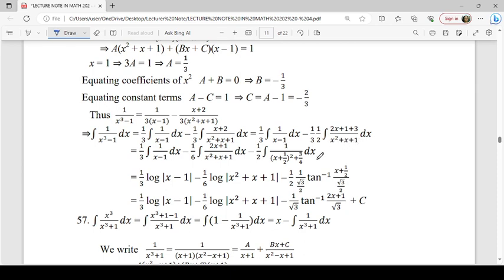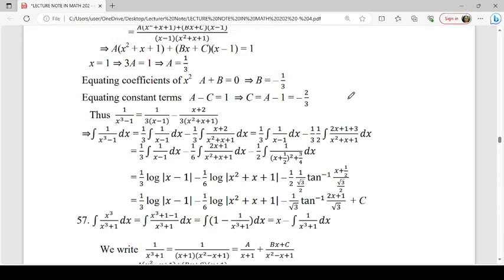So x square plus x plus 1 we can write as x square plus 2 into x into half plus half square, minus half square, plus 1. So it is x plus half whole square minus 1 by 4, plus 1, which is 3 by 4.